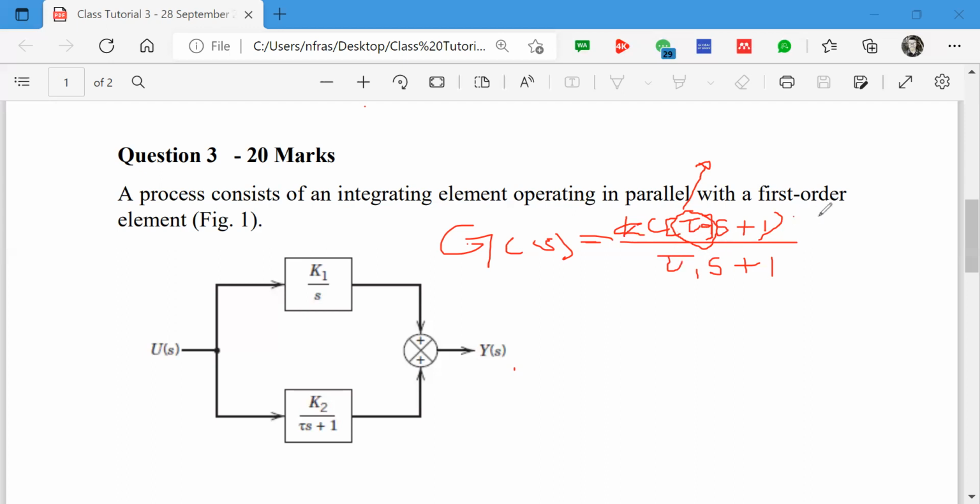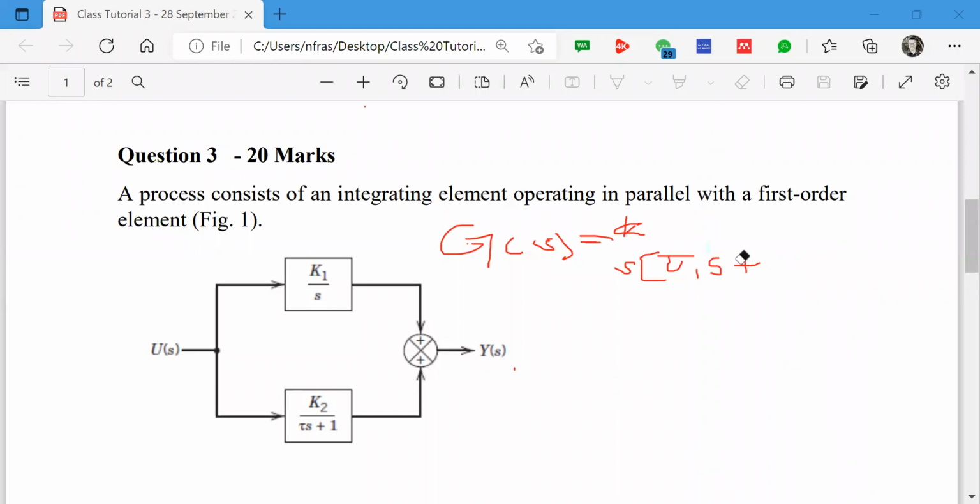From this form, you can see that the overall order is 1, because in the denominator the highest power of s is just 1. But if we add another s here, these will multiply and the overall order will be 2. So that is something to look for.